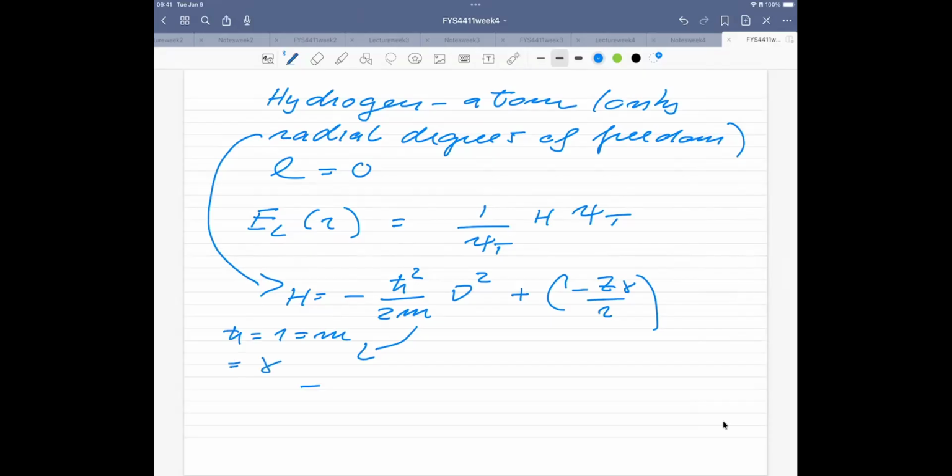So I just put all parameters to 1. So I've scaled the equation. Now what this becomes in radial coordinates only, I'm going to have minus d of r, like this. And then there is a minus, and there's a 2 divided by r of d dr.